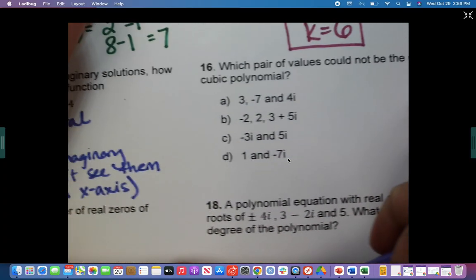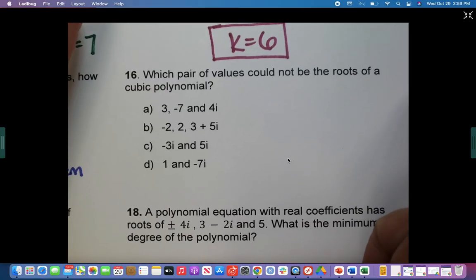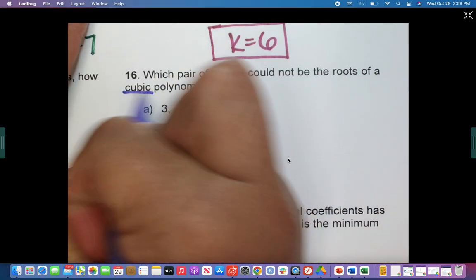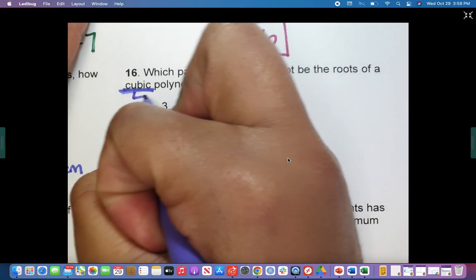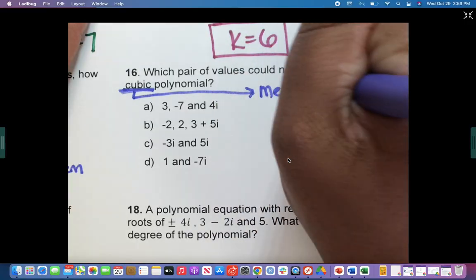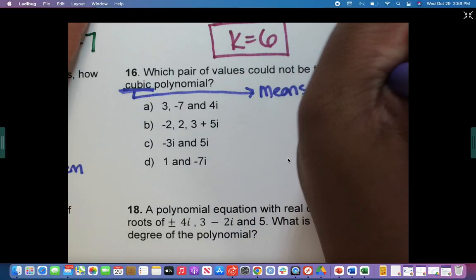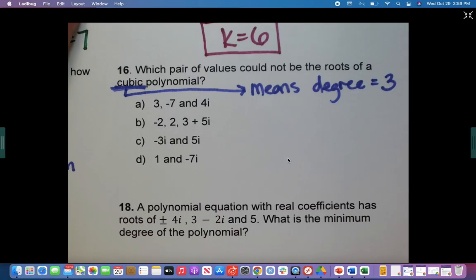All right, 16. Which pair of values could not be the roots of a cubic polynomial? So remember, a cubic polynomial means the degree is 3. So we should have 3 solutions in total.